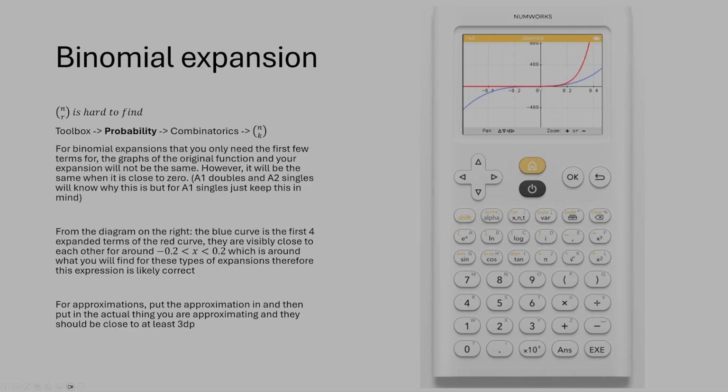After around 0.2, they do diverge, but for A2 singles and A1 doubles, you know why that is, because that's more to do with the infinite binomial expansion and the range of validity. You'll understand more why this works, but this also applies to the infinite binomial expansion. If you plot the first few terms and you plot the actual thing, then it should be close to each other when it's close to 0, and your answer will likely be correct.